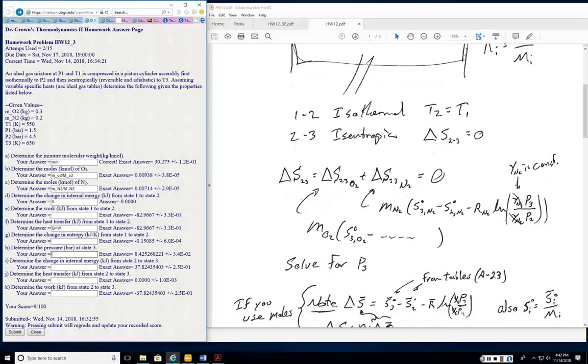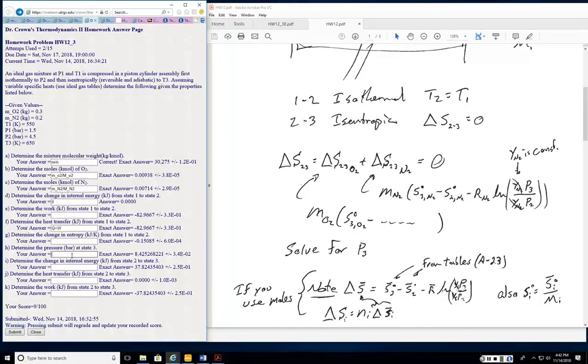The second one is an isentropic process. I guess the difference here is that we know that the sum of those equals 0 for process 2-3. So this is not the case for the first one. So there is an entropy change from 1 to 2. For process 2-3, the total entropy change is equal to 0. So this whole thing has to sum up to 0.